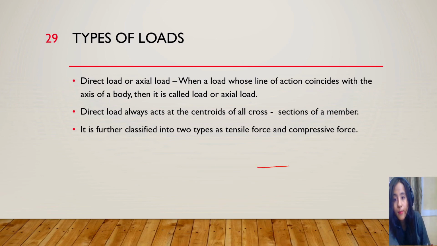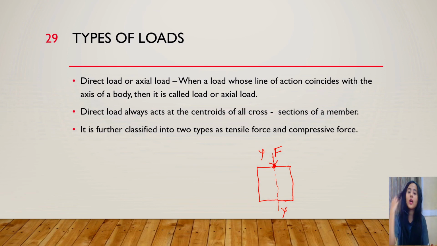I have a member here, and let us say that its y-axis is running from here. Now along this axis, I'm applying a load force F here. If I apply a load directly on its axis, this kind of load is known as direct or axial load.